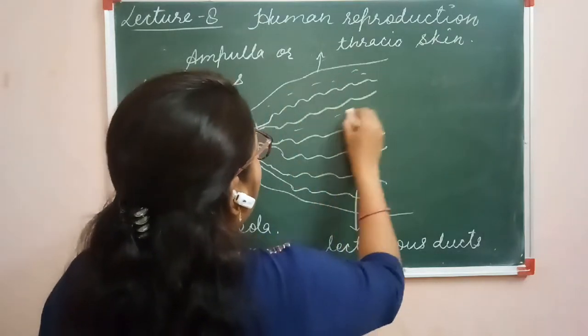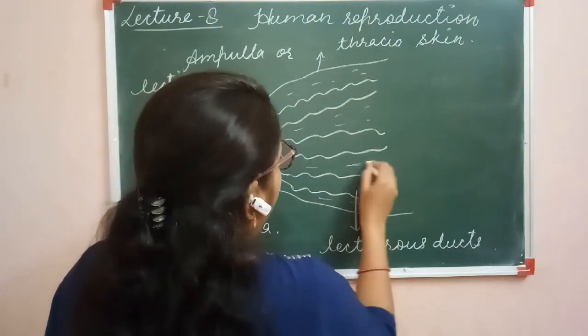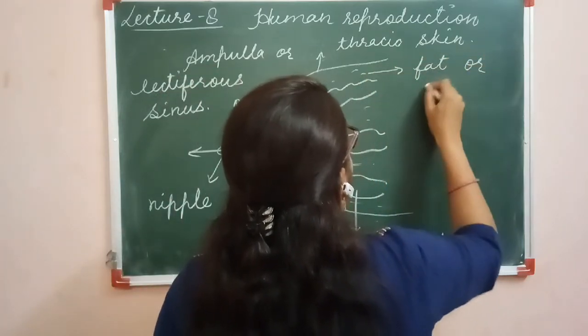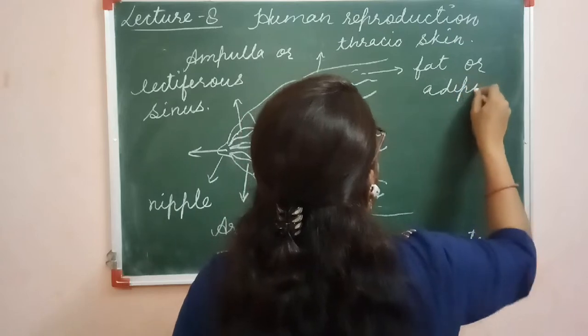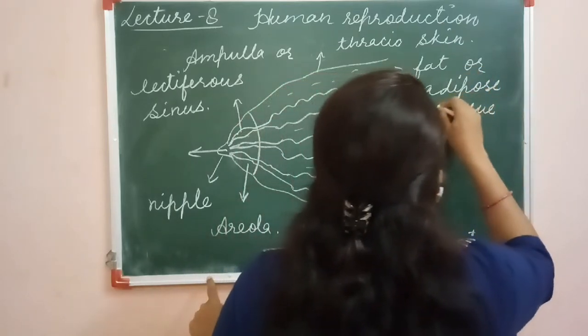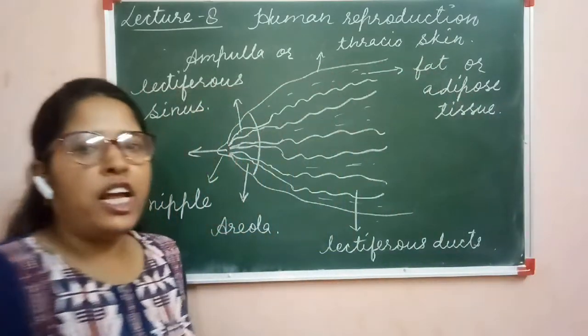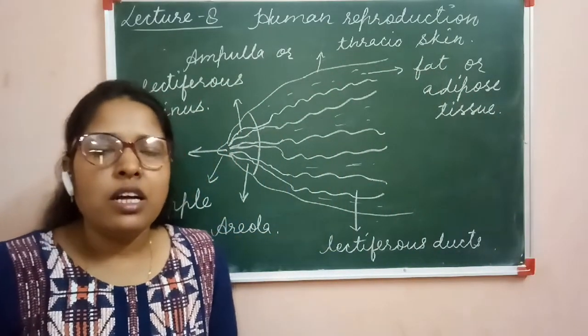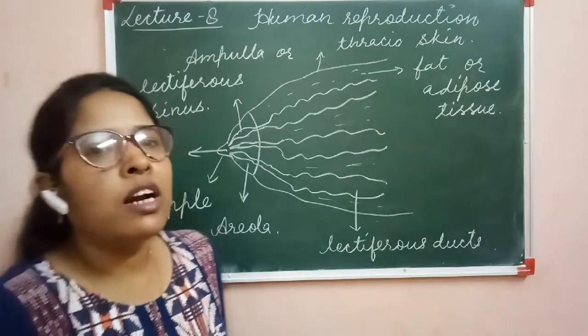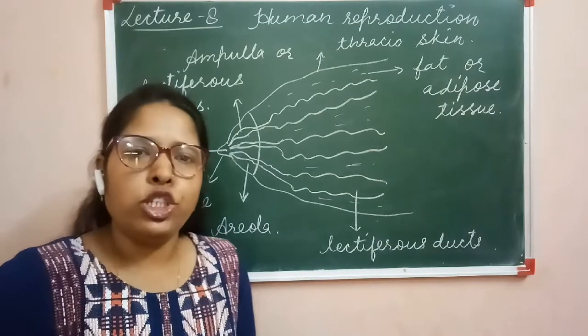Here the adipose tissues are present. The adipose or fat tissues give a proper shape to the mammary glands. The size of mammary glands depends upon the deposition of this fatty tissue.